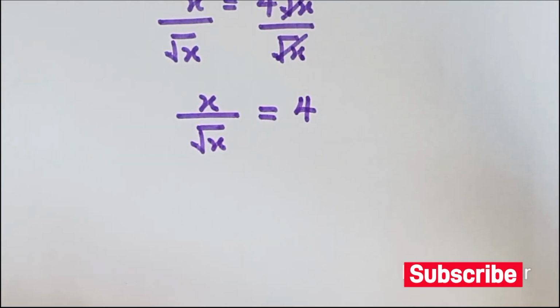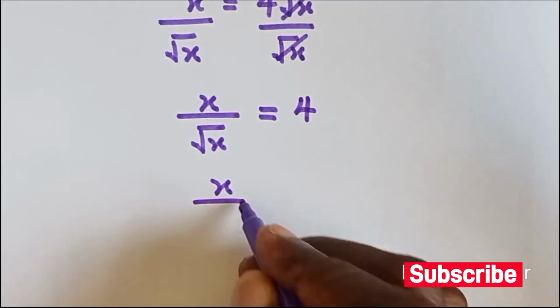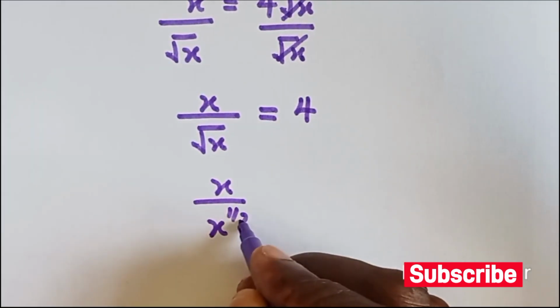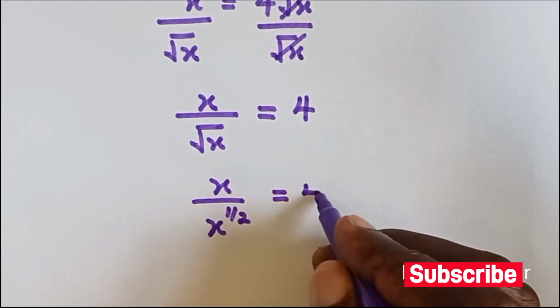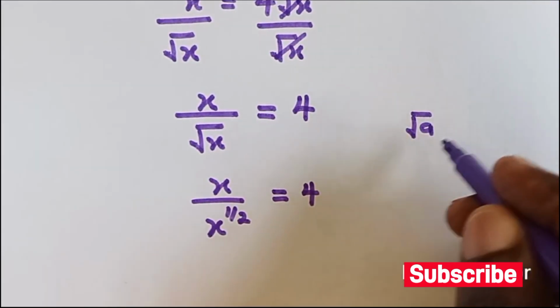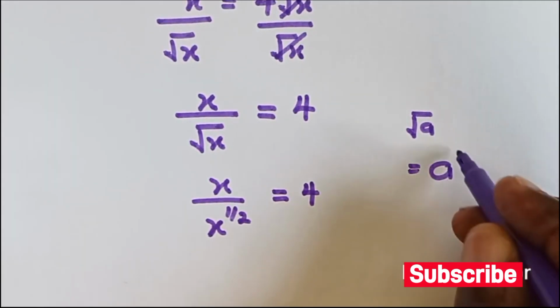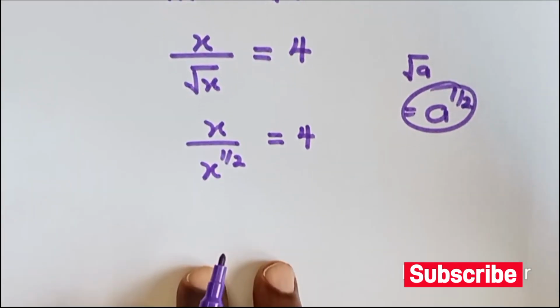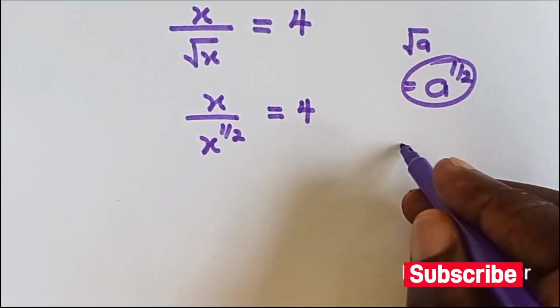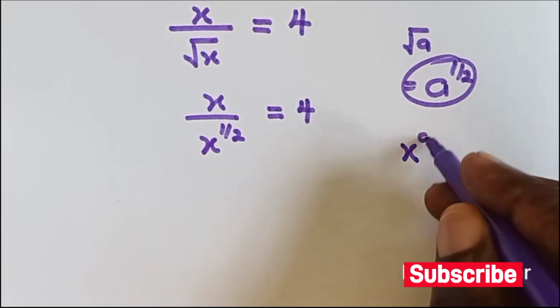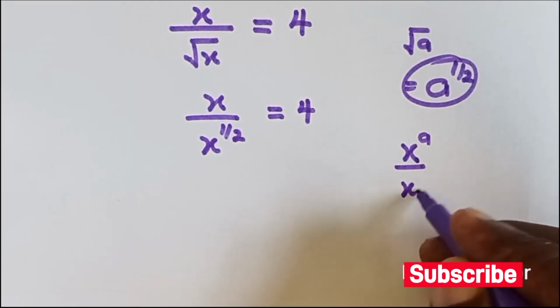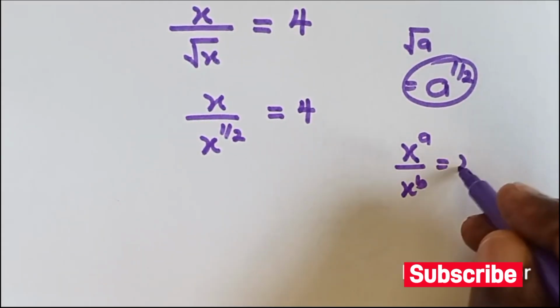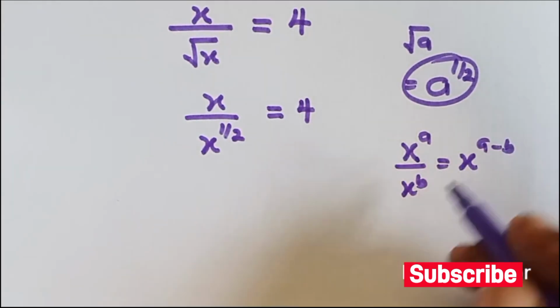Now another way to write root x is x raised to power 1 over 2, equals 4, because root a is the same thing as a raised to power 1 over 2. That's what I have done here. And then one of the laws of exponents says x raised to power a divided by x raised to power b becomes x raised to power a minus b.